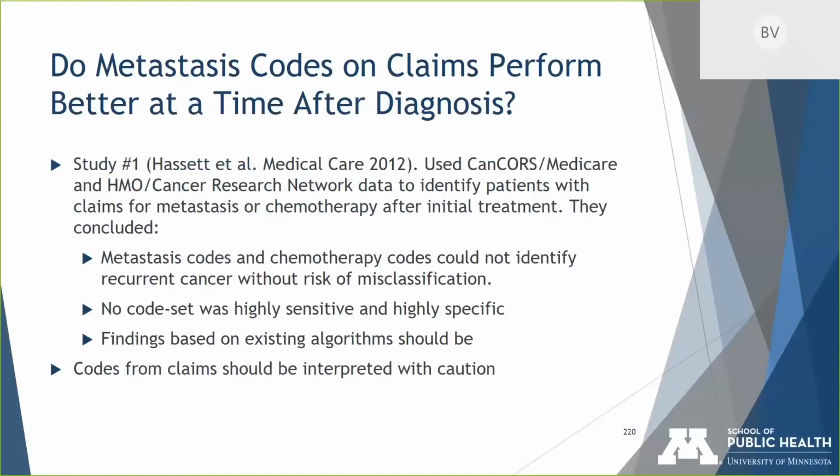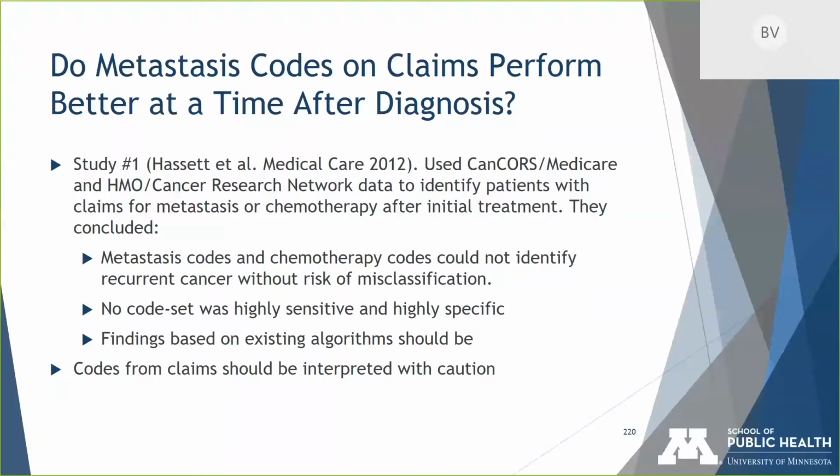Then there have been a couple of studies that have looked at whether or not metastasis codes on claims are better at a time after diagnosis. One study used CanCORS data, I can't remember the acronym right now, but they used CanCORS/Medicare information, and then they also looked within Health Maintenance Organization and Cancer Research Network data to identify patients with claims for metastasis or chemotherapy after initial treatment.